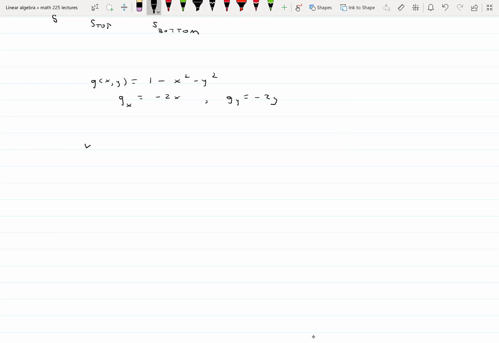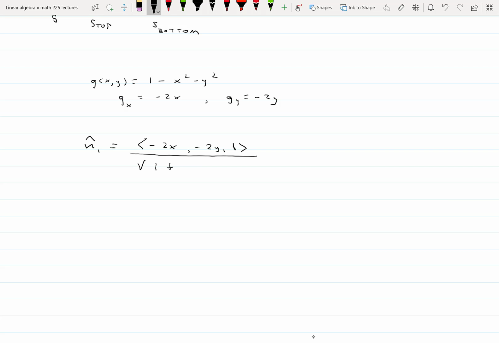That gives us our normal for the top portion of our surface, S sub top, as the vector whose components are minus 2x, minus 2y, and 1. The 1 is the indicator that our normal is oriented upward. And then we divide by the length of that same vector. So it's over the square root of, and I'll do this in reverse order, 1 squared plus 2x squared plus 2y squared.